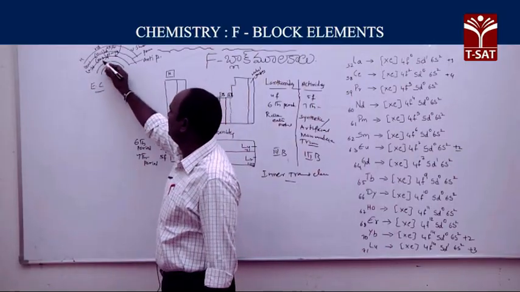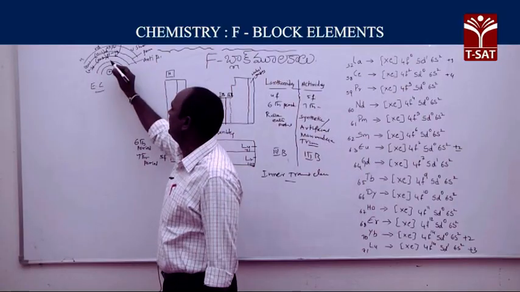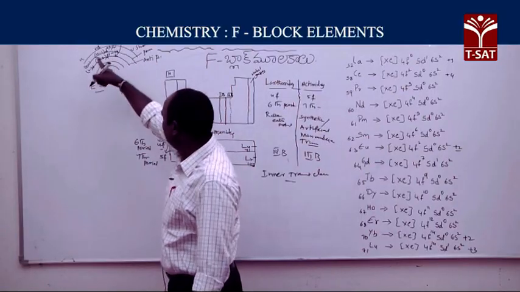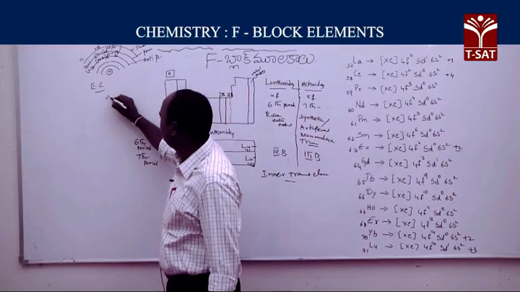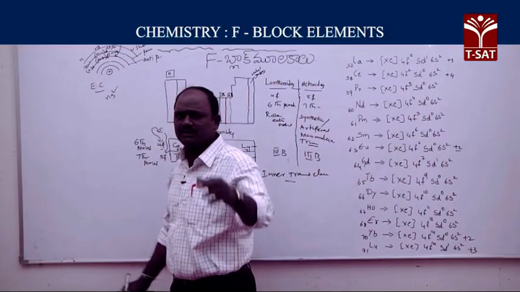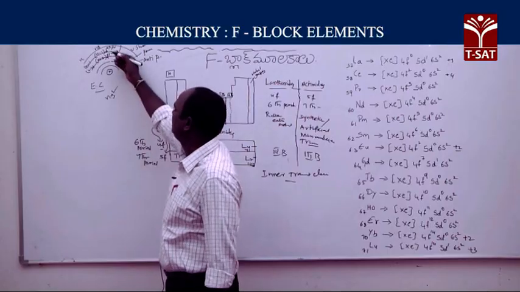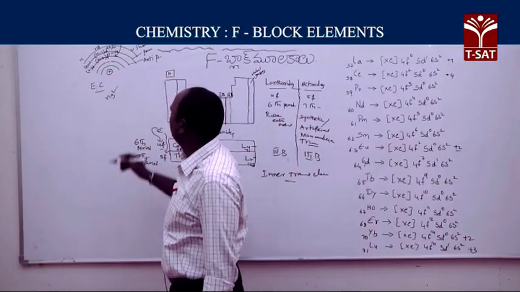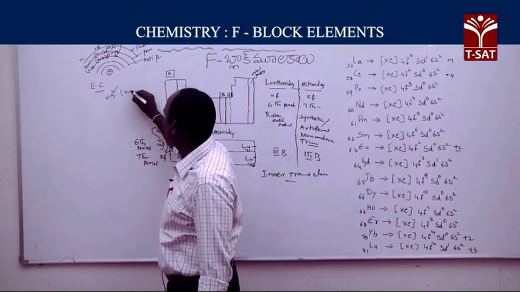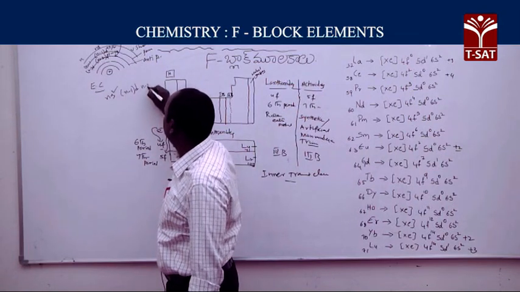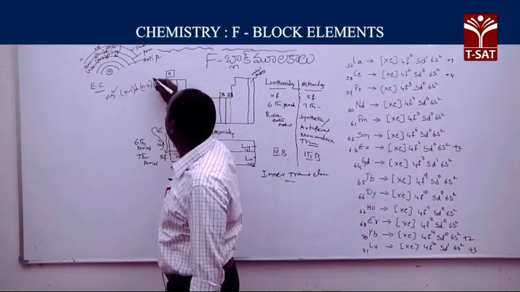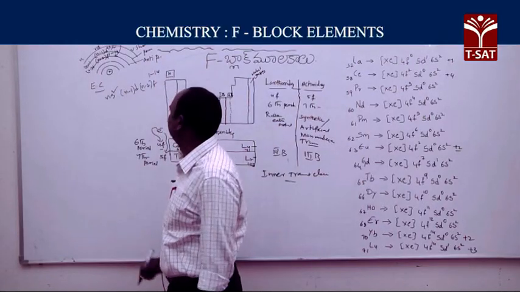But when you take n minus 2 f, we can accommodate 1 to 14 electrons. The electron configuration of the f block elements is very easy: ns2, next n minus 1 d, next n minus 2 f, 1 to 14.